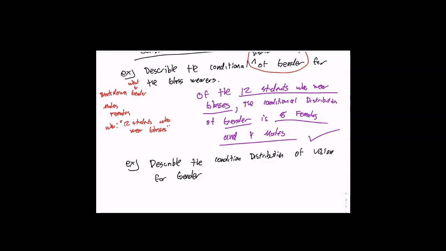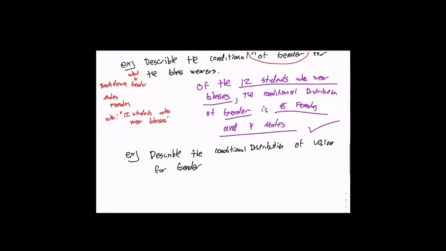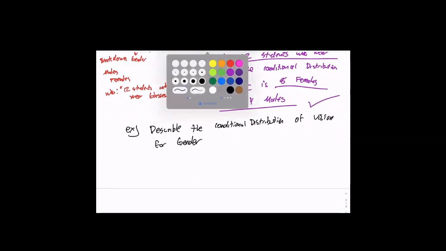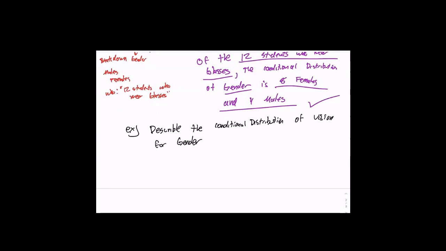Now, this one's a little bit trickier. It's still a conditional distribution. What we have to do here is break down, what are we breaking down? What is the variable that we're focusing on breaking down? The distribution of what?